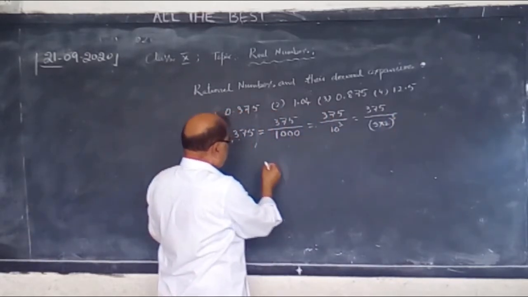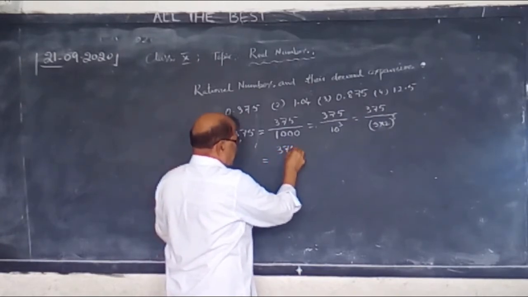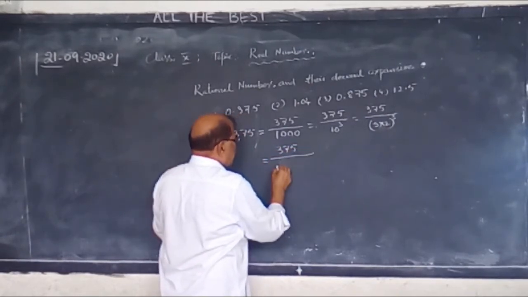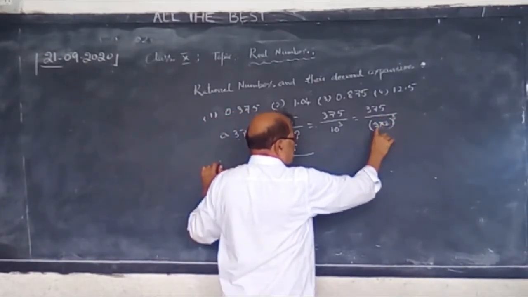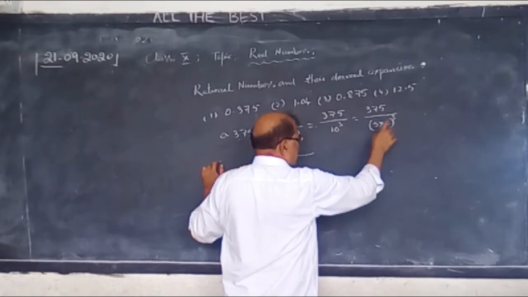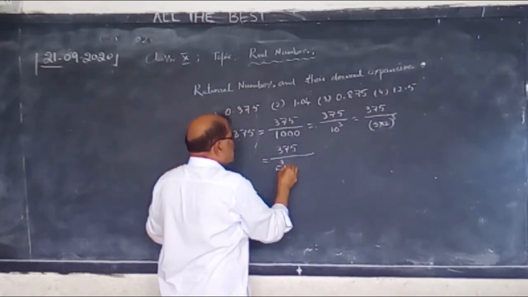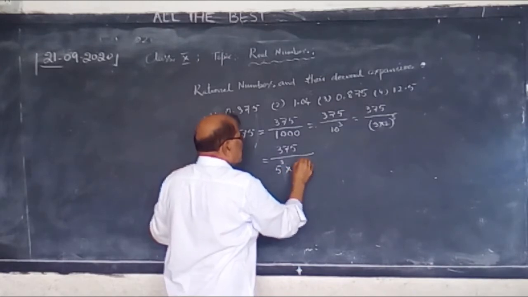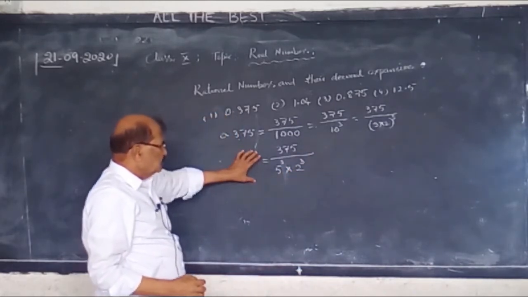So this can be also written using the formula that (ab) to the power of m is a to the power of m into b to the power of m. So using that formula, 375 by 5 cube into 2 cube.